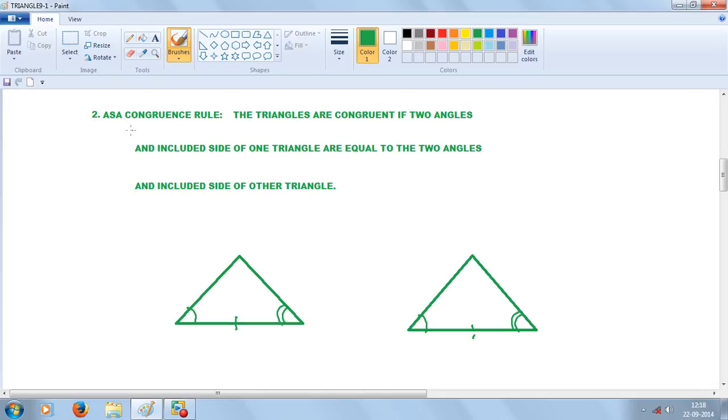So what the ASA congruence rule says is the triangles are congruent if two angles and the included side are equal to those of the other triangle. In the previous axiom, it is two sides and the included angle. Now it is two angles and the included side of the other triangle.